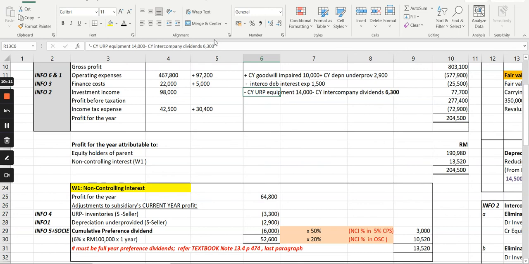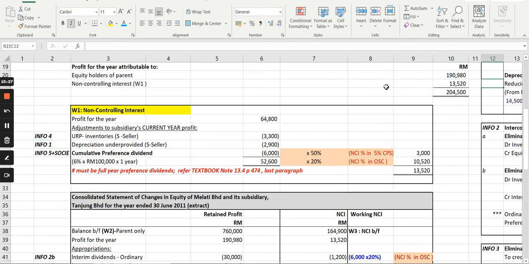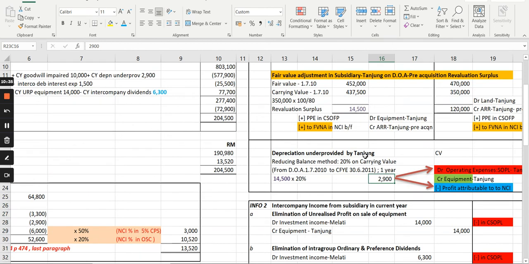Okay, next we look at the depreciation item. Remember, information number one is on fair value adjustment, where you arrive at a surplus, and that surplus is in the books of the subsidiary. So the depreciation adjustment as a result of the revaluation surplus in the current year, from 1st of July 2010 to 30th of June 2011, for that 1 year period, the depreciation has been under provided by 2,009.